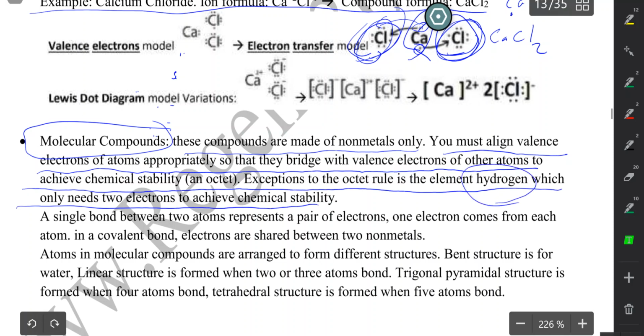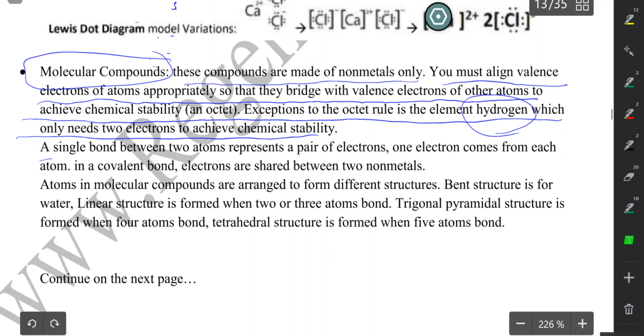Keep in mind that hydrogen will always bond only once. Single bond means a pair of electrons. So when you have a bond between, let's say, hydrogen and F, this means that one of the electrons came from F, the other electron came from hydrogen. You never want to draw a bond like that.